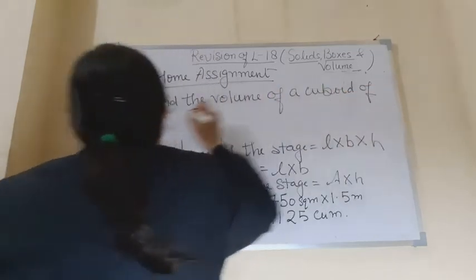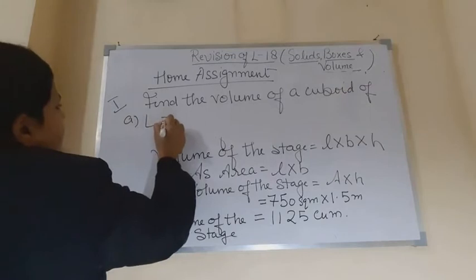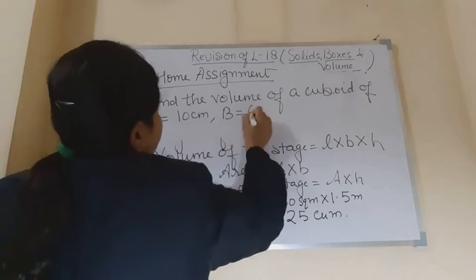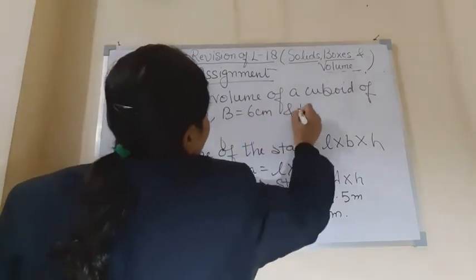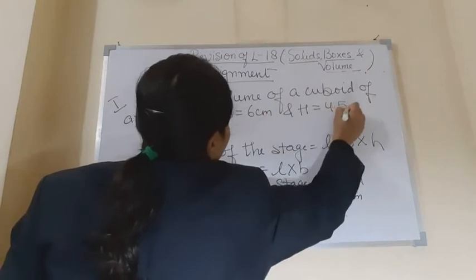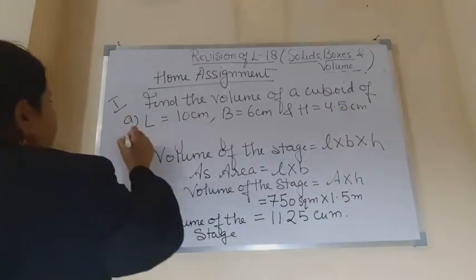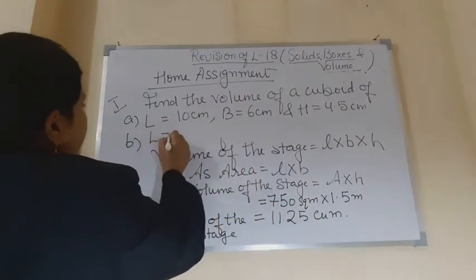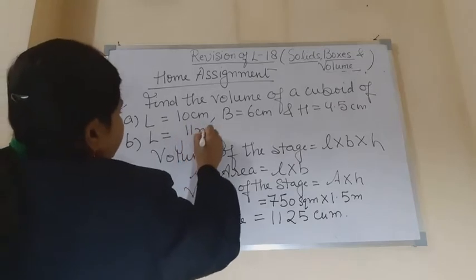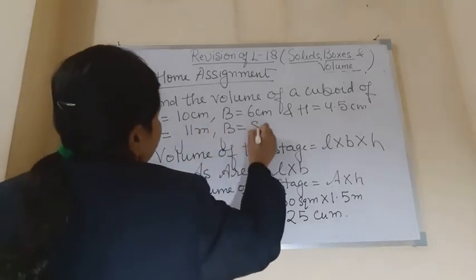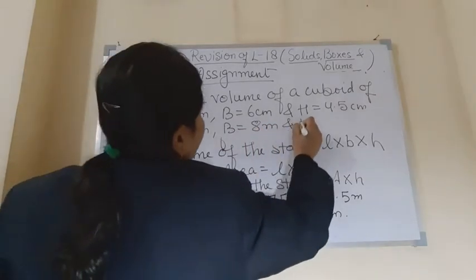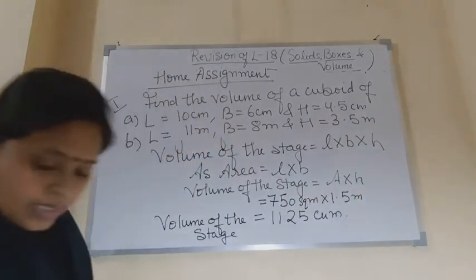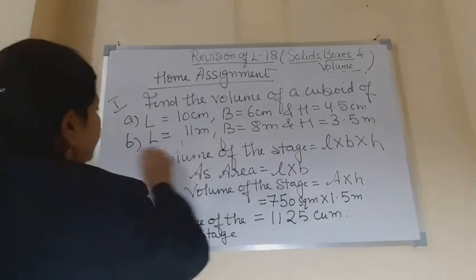A part, length is equal to 10 centimeter, breadth is equal to 6 centimeter, and height is equal to 4.5 centimeter. B part, you have to find the volume of a cuboid of length is equal to 11 meter, breadth is equal to 8 meter, and height is equal to 3.5 meter.